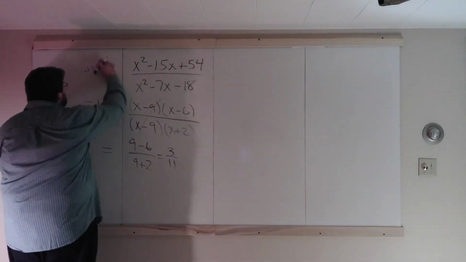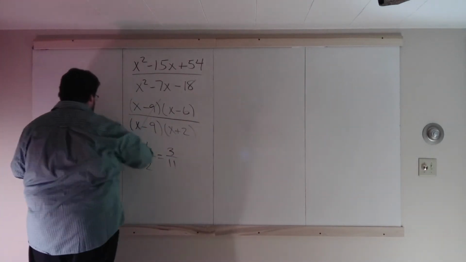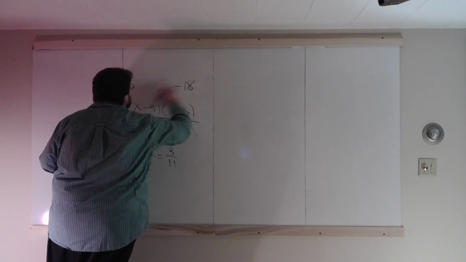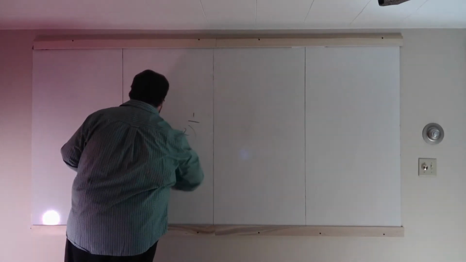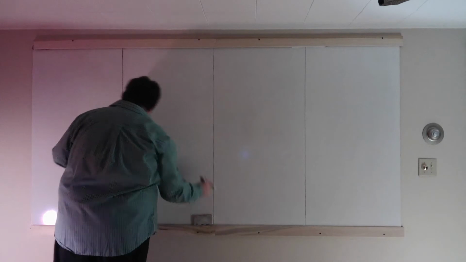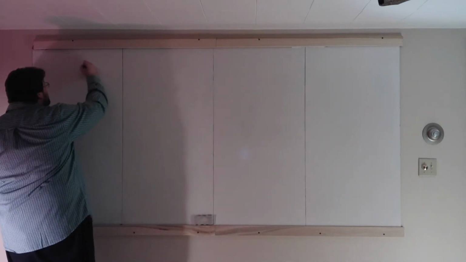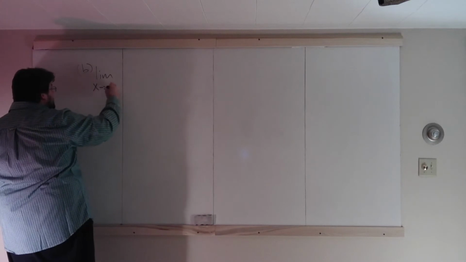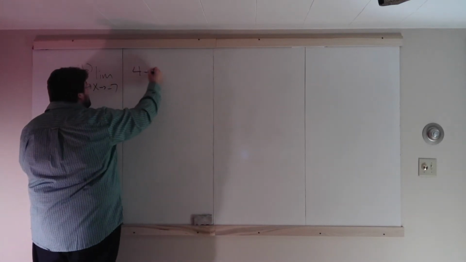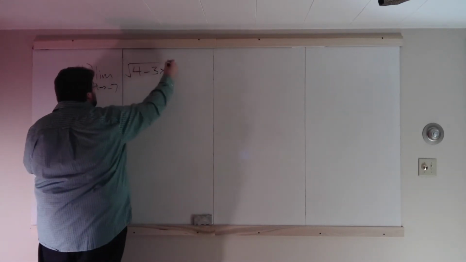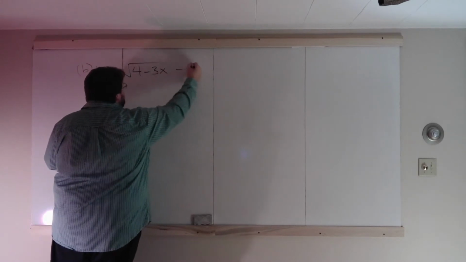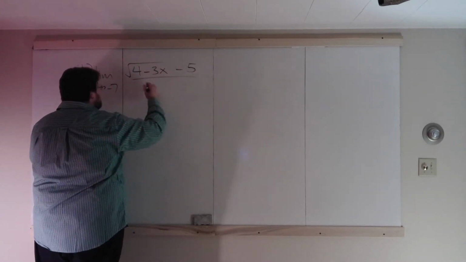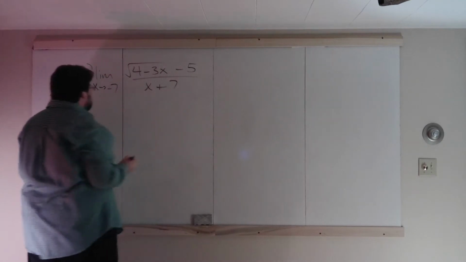Next one. Limit as x approaches negative 7 of the square root of 4 minus 3x, minus 5, all over x plus 7.